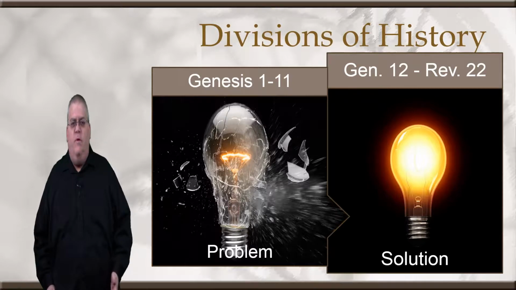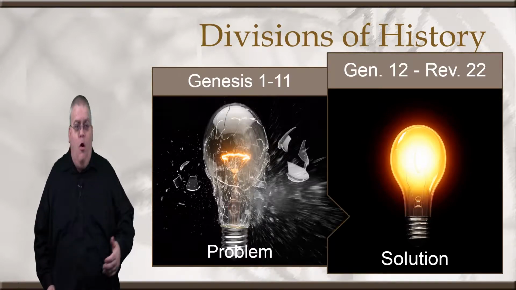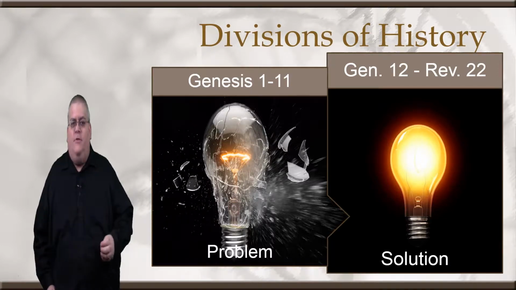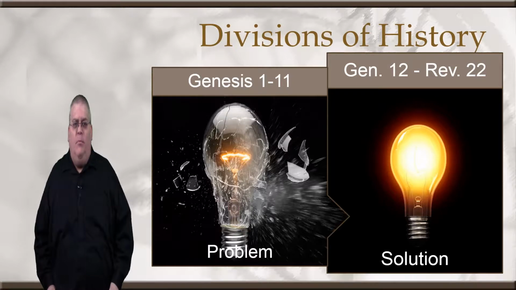God's plan is revealed and worked out over a long period as his creation is slowly renewed. In other words, God's solution to humanity's problem did not start with Jesus, but started almost from the beginning of the Old Testament and then came to completion in Jesus.